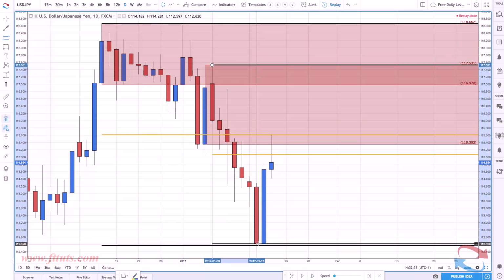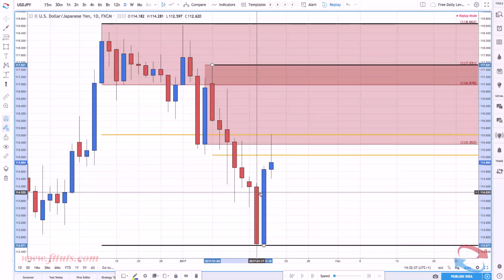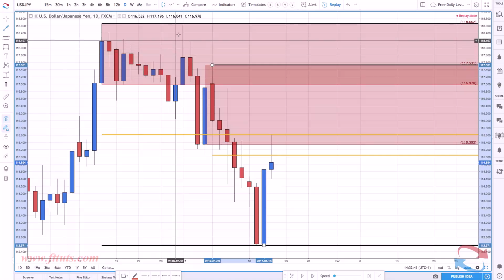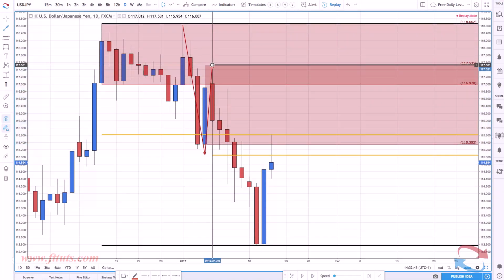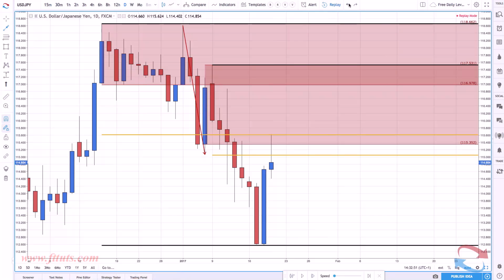So this is 1, and this is 2. You can see that when prices came back, as prices were making lower highs and lower lows, that move right there, as prices pull back, the first area we want to look to get short is this fair value area here, within this supply zone.